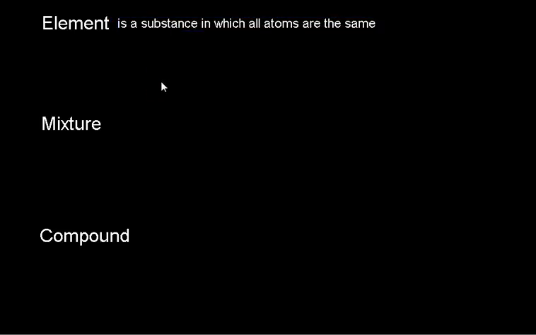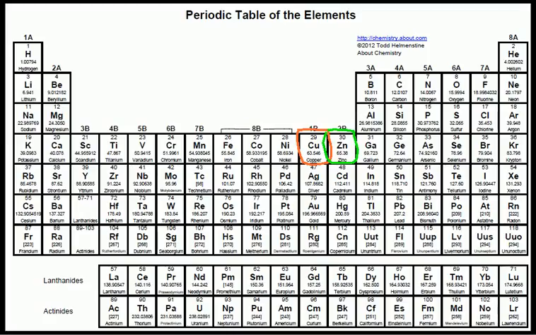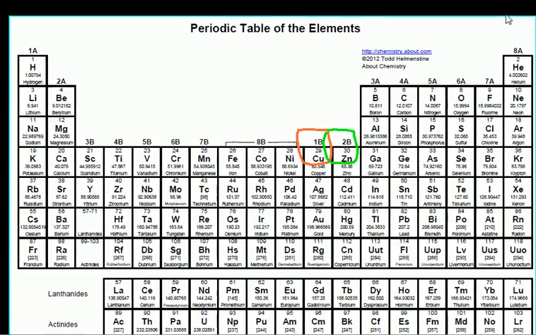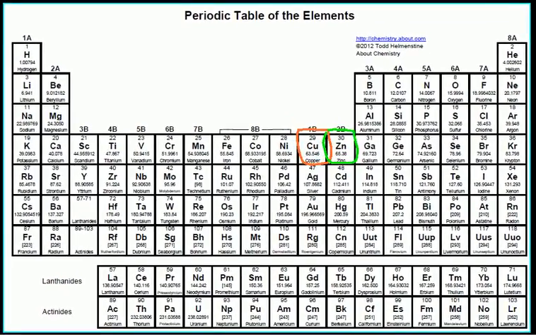Now, elements can exist in nature as single atoms. So if we come back to the periodic table and we look at the noble gases, they do exist in nature as individual atoms.